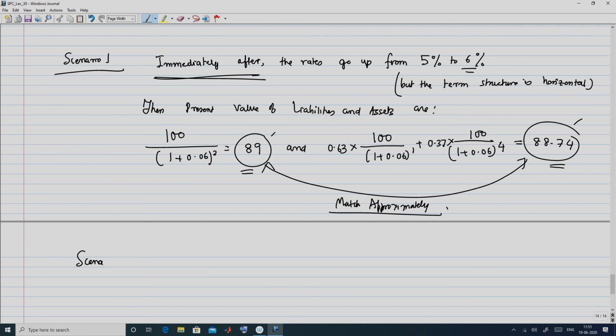Then you would consider scenario 2. Here we saw that there was an increase in the interest rate, so let us consider a scenario 2 where there is a decrease in the interest rate.